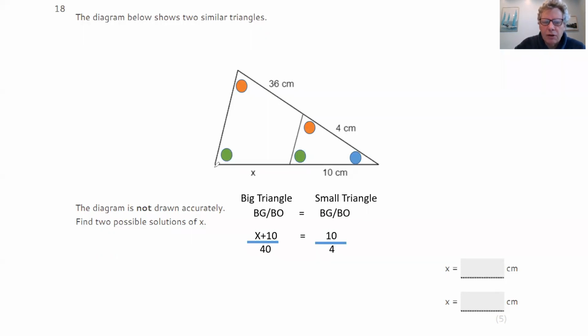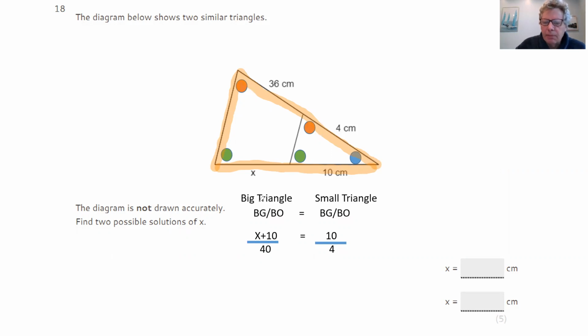The big triangle's the one round here, and then you've got the small triangle. We're going to call this angle an orange angle, and that one's the orange angle as well, because in similar triangles the angles have to be the same. So we've got a blue one in both triangles, an orange one, and a green one.